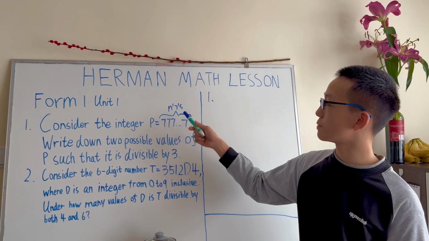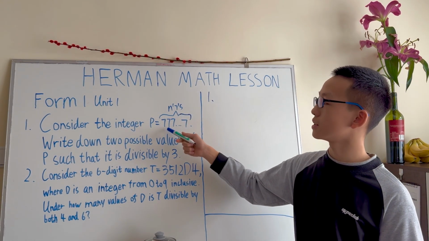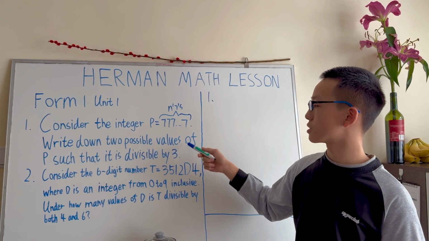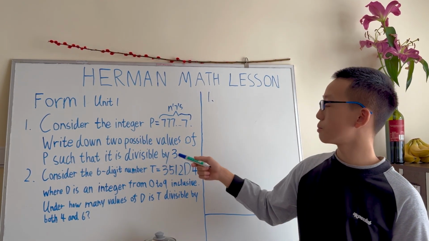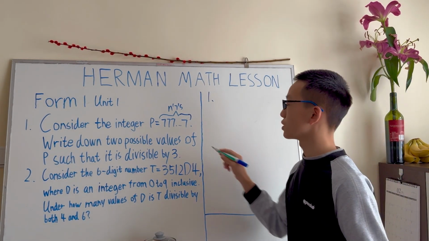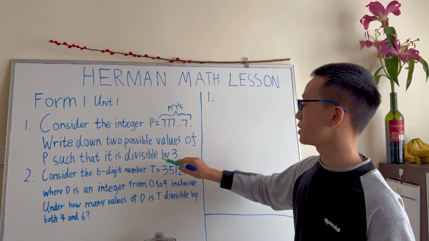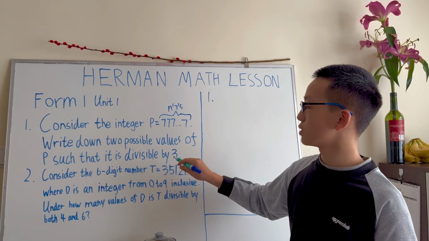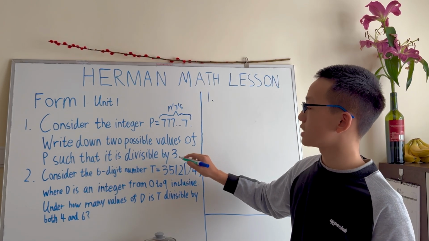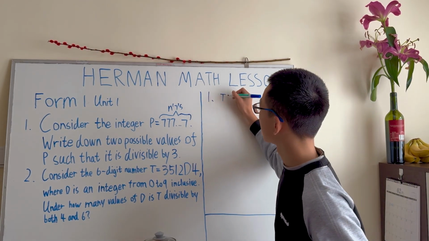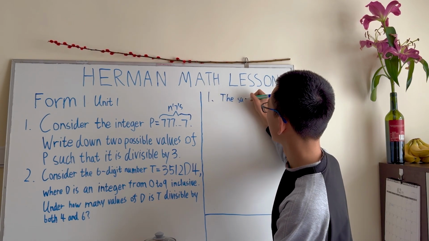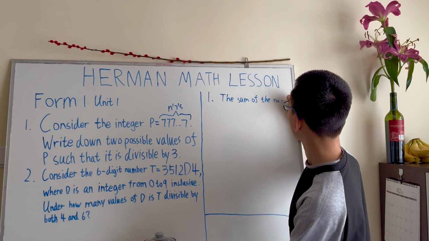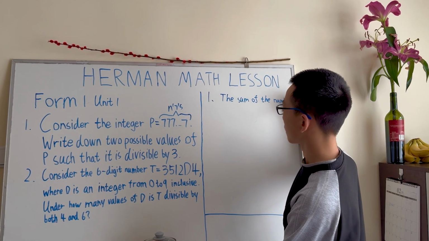We don't know how many 7s it has, but it has a lot of 7s. Write down 2 possible values of p such that it is divisible by 3. So let us think. The divisibility test of 3 is we look at the sum of the digits.